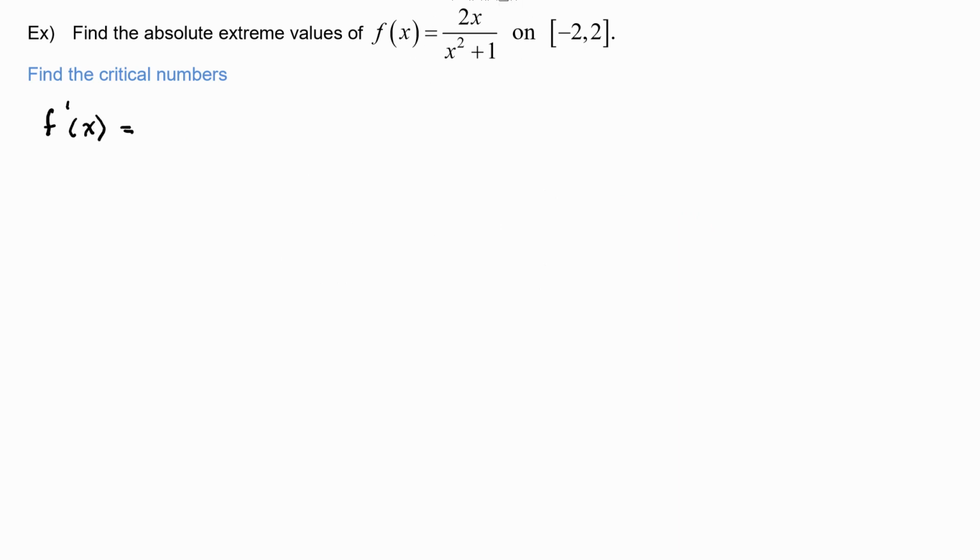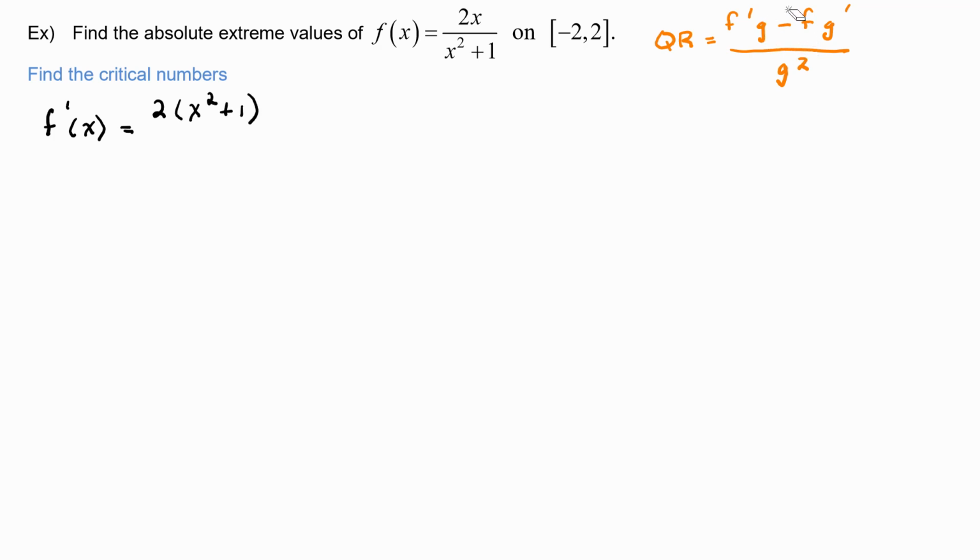Because f is a quotient, we are going to have to use the quotient rule. The quotient rule, of course, is f prime g minus f g prime over g squared. So we have to take the derivative of the top, which would be 2, times g in the denominator, x squared plus 1.